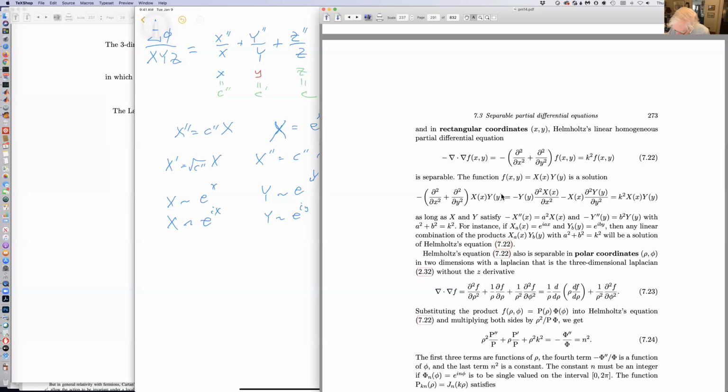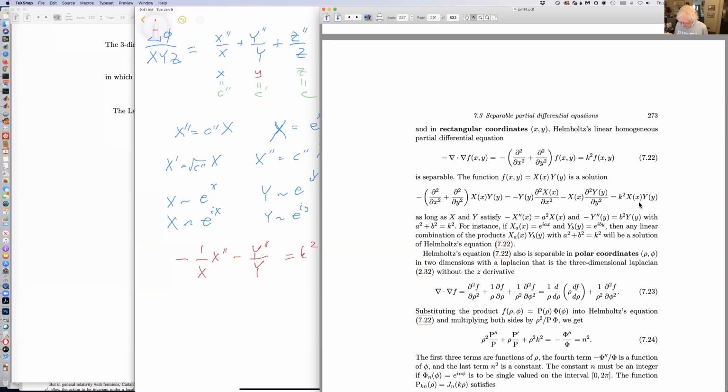Just in case that's not completely clear, what we do is we take this equation here and divide by capital X, capital Y, and we get minus 1 over capital X, X double prime minus Y double prime over capital Y is equal to k squared.